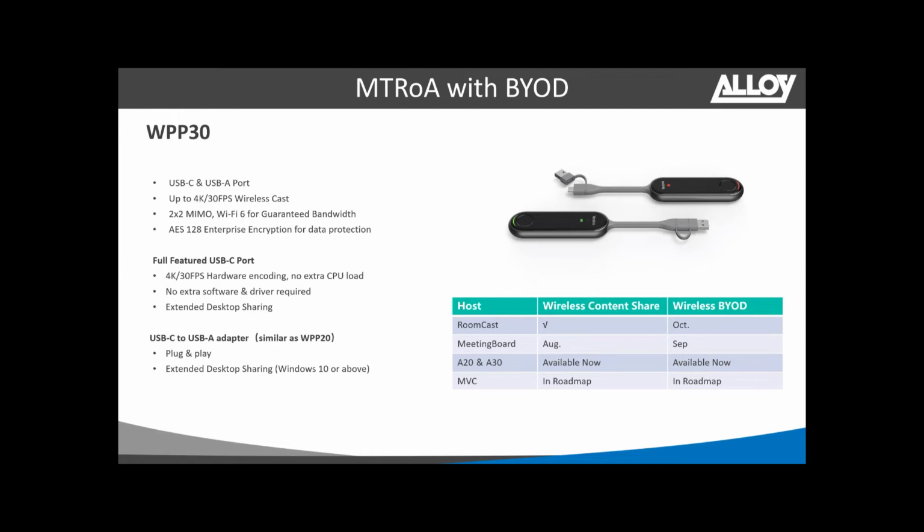This slide still does say October, but that hasn't happened yet. In the future as well, we will also see support on the MVC Windows systems. So we are going to have wireless BYOD support on our Windows-based MTRs in the near future. We'll see that come to market sometime in early 2023.